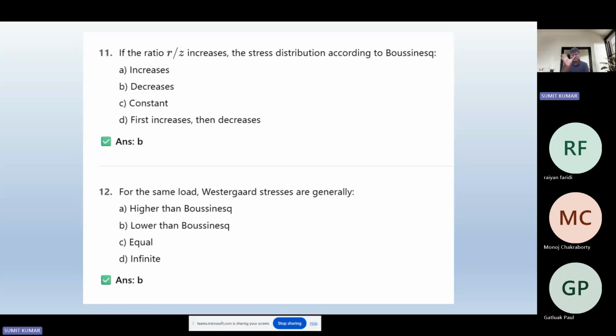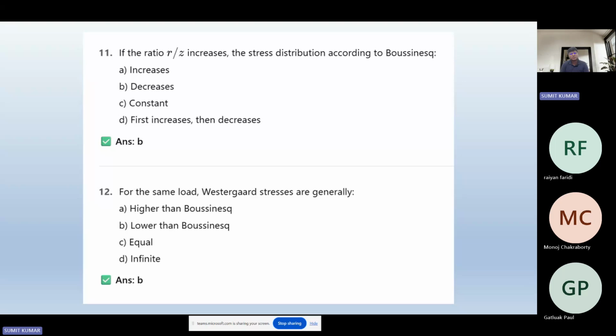The ultimate value is 3 by 2π into 1 by (1 plus r² by z²) to the whole power 5 by 2. So r² by z² is at the bottom. If that value increases, the overall value decreases. Hence the stress distribution in Boussinesq theory also decreases.